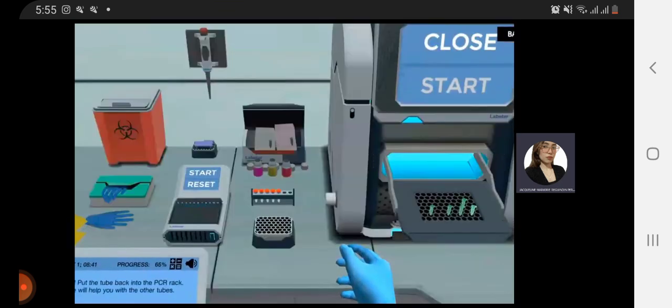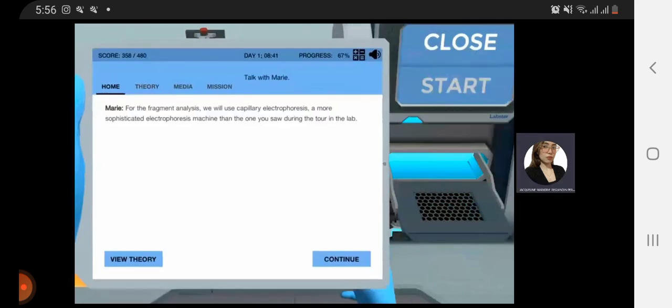Put the tube back into the PCR rack. Marie will help you with the other tubes. For the fragment analysis, we will use capillary electrophoresis, a more sophisticated electrophoresis machine than the one you saw during the tour in the lab.